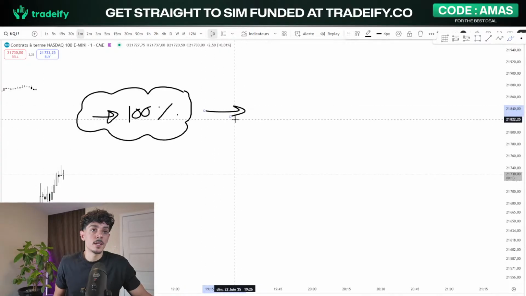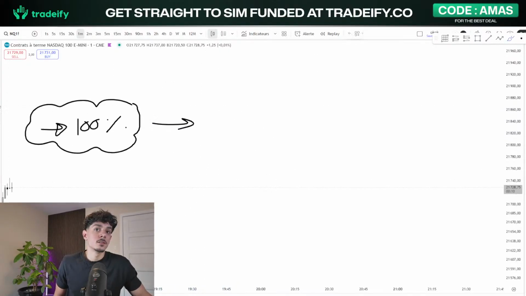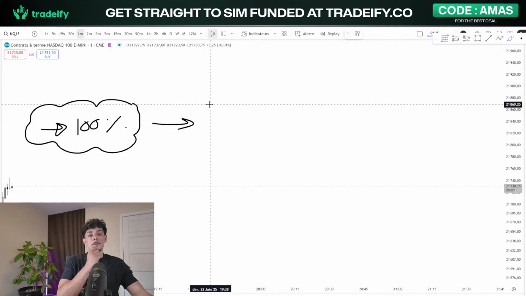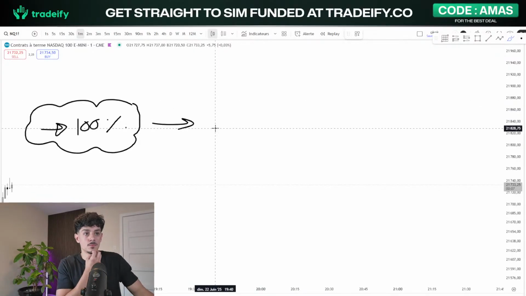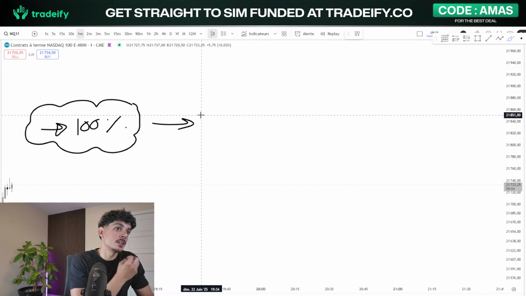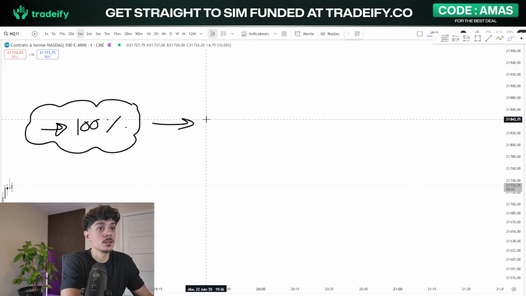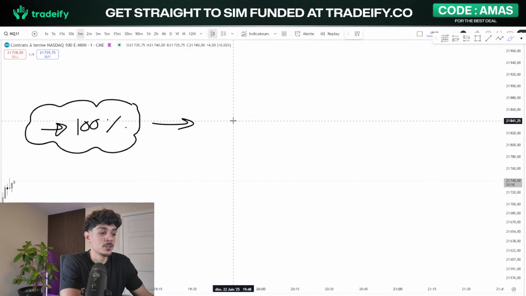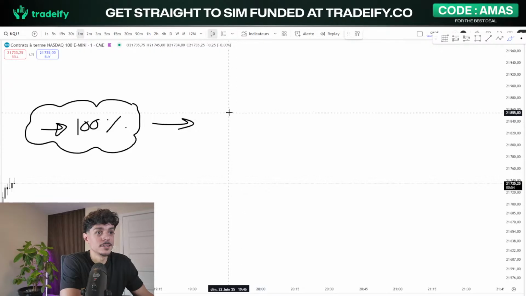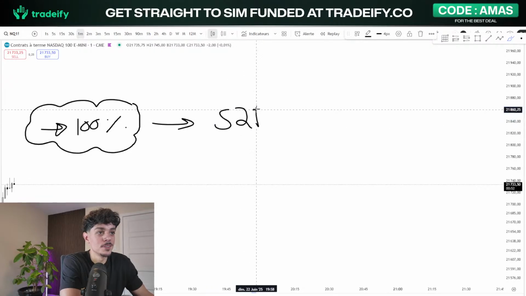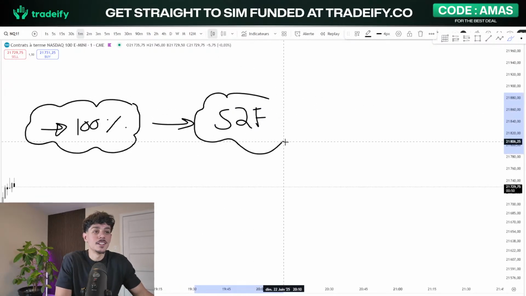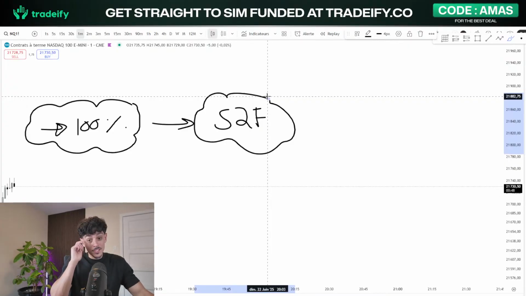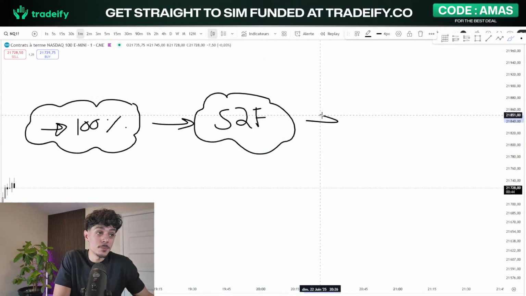Second, I want a firm that doesn't require me to trade multiple days, doesn't require me necessarily to pass an eval, right? Which is a huge factor. I can just buy a straight to sim funded account and be funded the next day, which is crazy to think about, but it's real. So you don't even have to pass an eval.